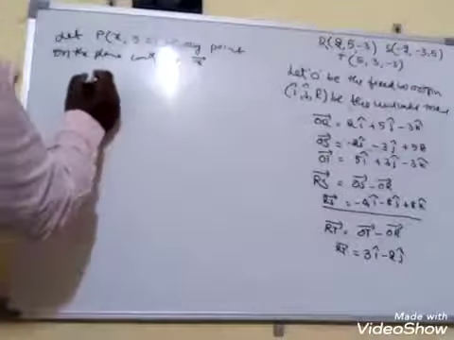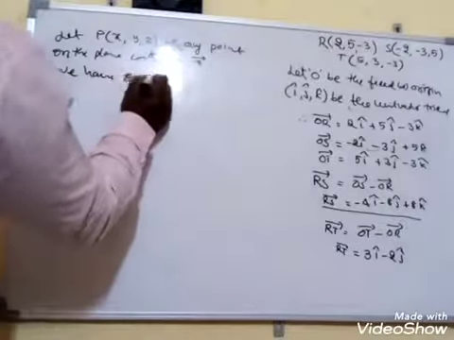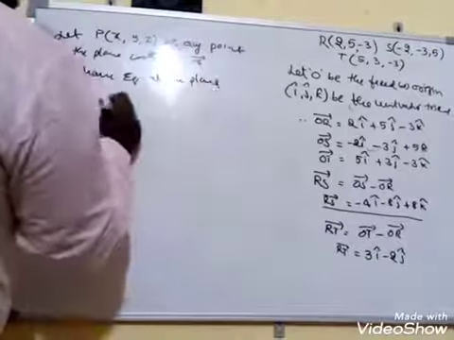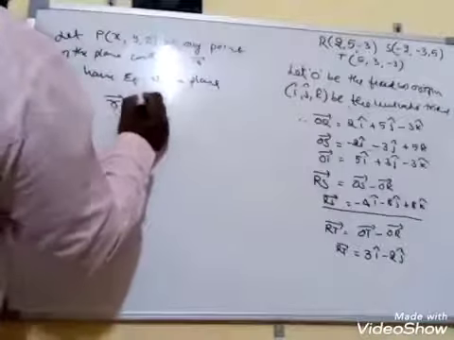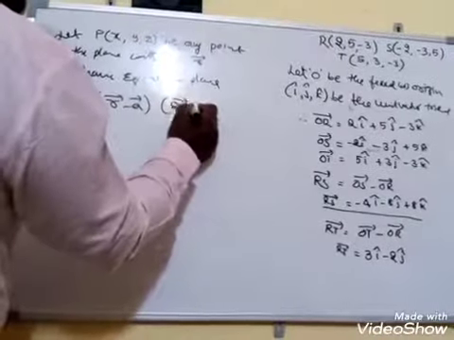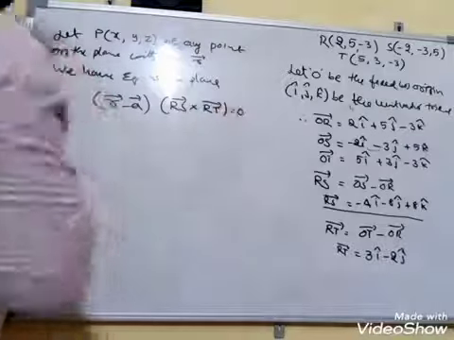Therefore, what is the equation we have? We have the equation of the plane: R bar minus A bar dot RS bar cross RT bar is equal to 0.